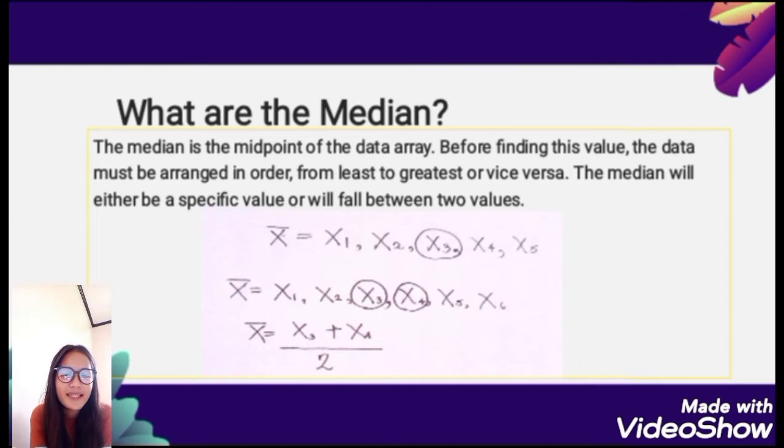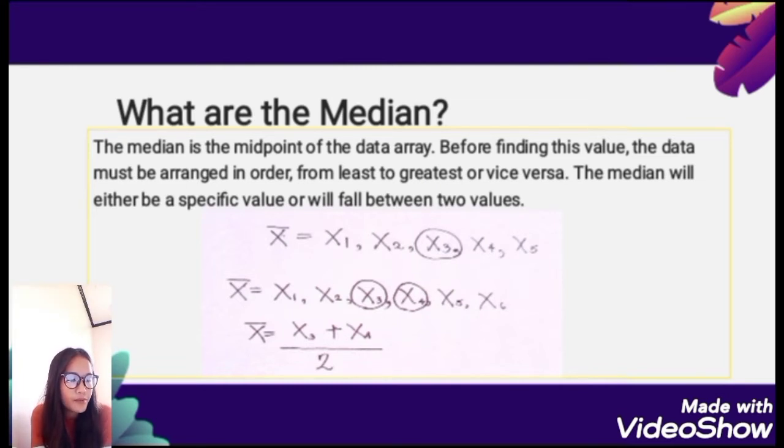Hi everyone! I am going to discuss the median. The median is the midpoint of the data array. Before finding this value, the data must be arranged in order, from least to greatest or vice versa. The median will either be a specific value or will fall between two values. For example, if the given data has an odd number of values, you have a middle value.